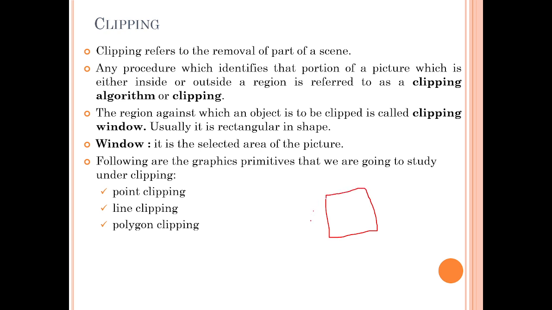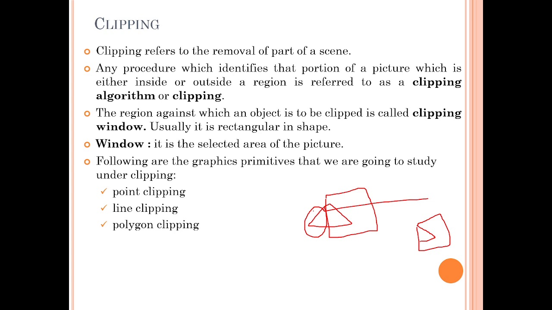Take a triangle like this. Now we can remove this part of the area, that is the clipping of the outside of the window. Then we can get this image. In that way, it may be inside or outside. We can define the particular clipping values and remove the particular windows.